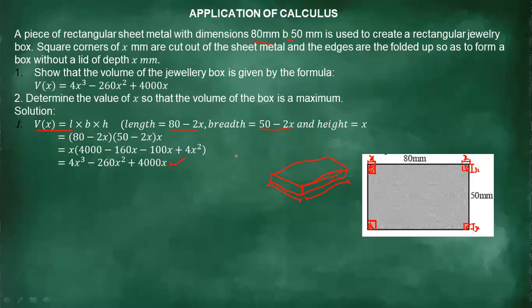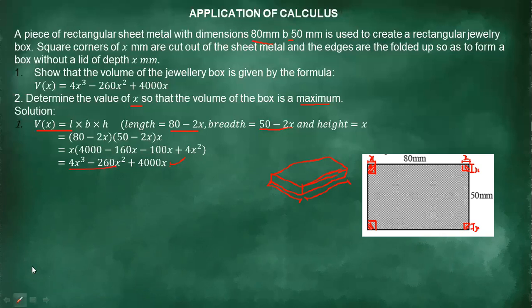All right. The second question says determine the value of x so that the volume of the box is a maximum. Every time you have to answer this question, where you have to solve for a variable, for instance in this one x as a maximum, we're going to take the derivative of the equation that we have created, which is this one.